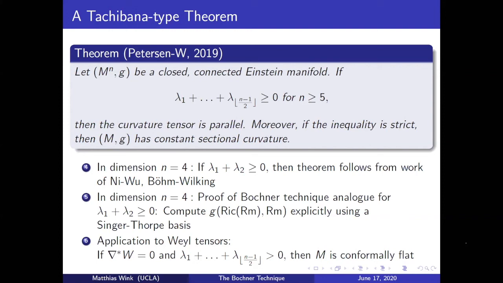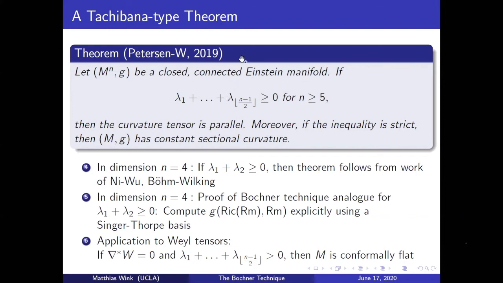Once we have that, we can compute the exact curvature term in the Bochner formula and write it out explicitly. And we can use that the Bochner Ricci and the curvature tensor that we use really come from the same manifold. And that's what helps us to gain a little bit. And we can also show that lambda 1 plus lambda 2 is sufficient for n equal to 4.